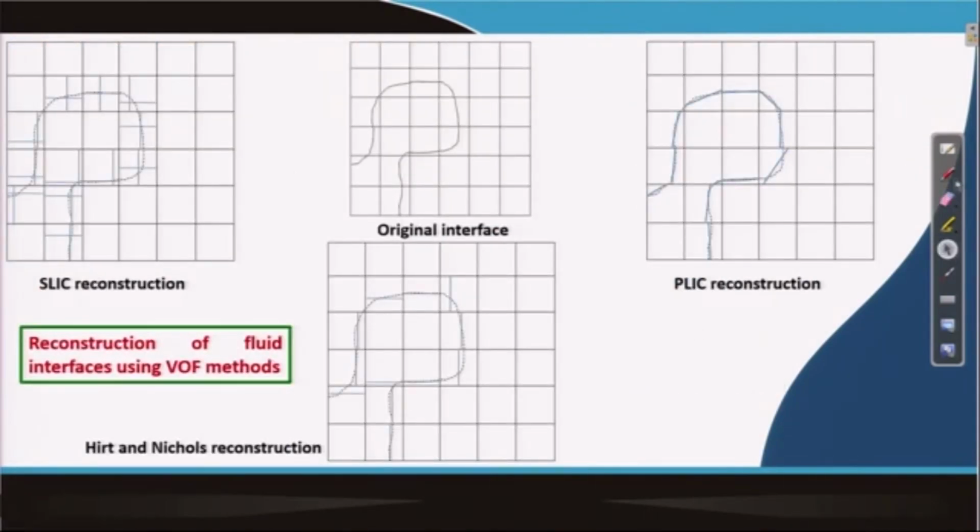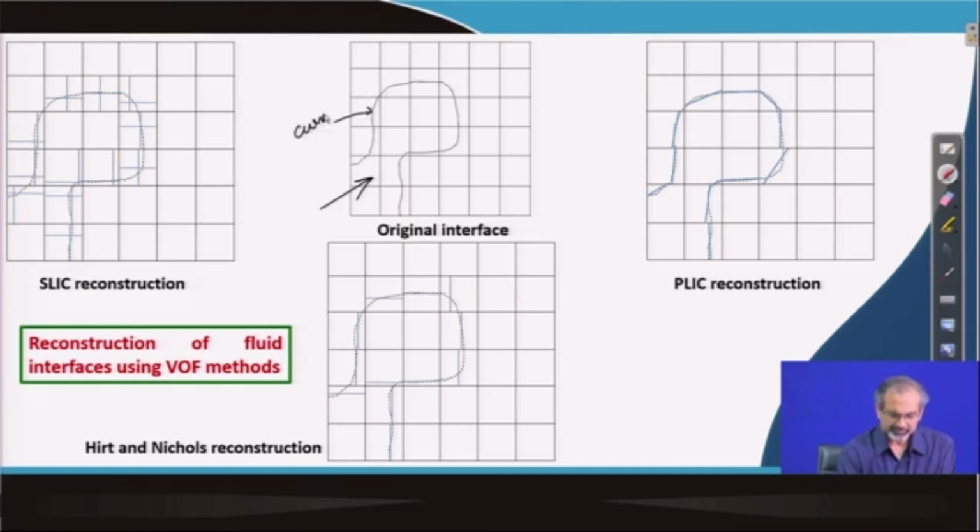So, this is where we have a brief look at how the different schemes look in perspective. So, this is essentially the original interface. As you can understand, this curved line represents the interface. You can say that inside that curved line you have a certain fluid or a certain phase, outside that line you have something else.